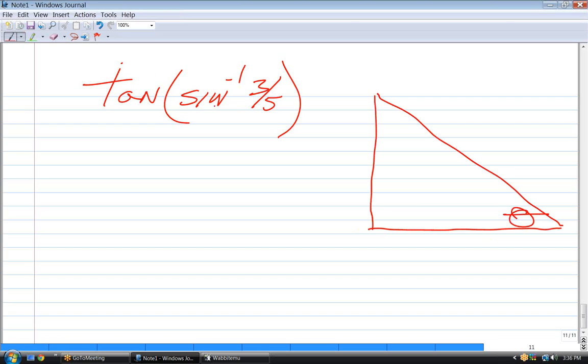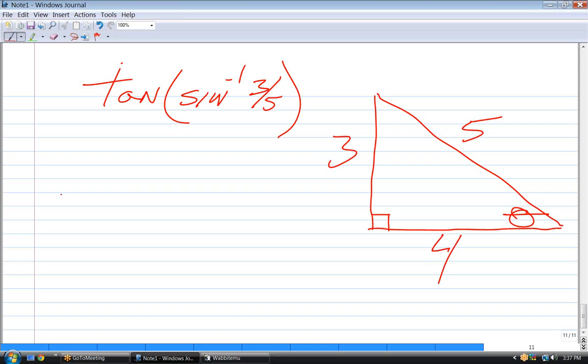When we take the inverse sine of a number, we're going to get an angle, right? Let's call that angle theta. That allows me to dimension this triangle that much of it right now. What's the third side? The third side's 4.